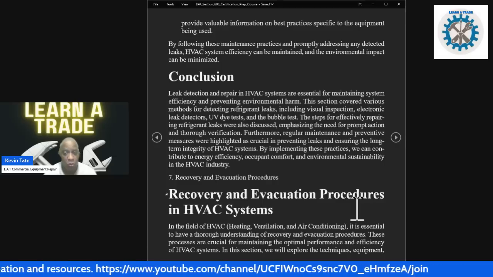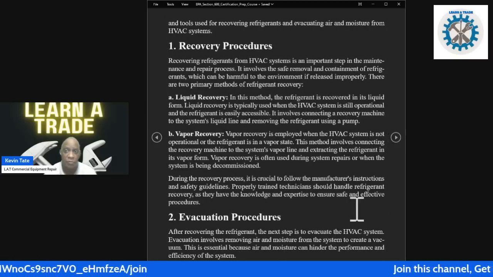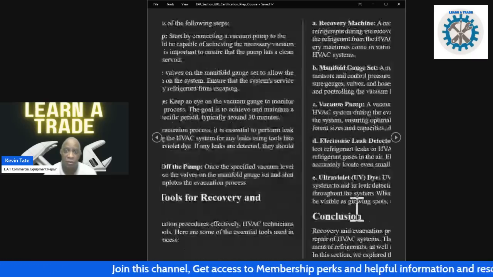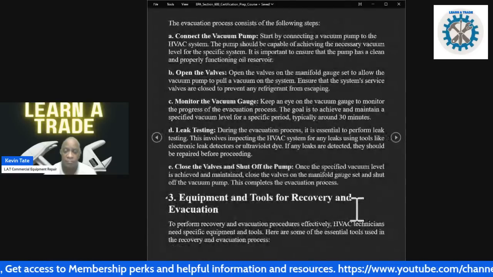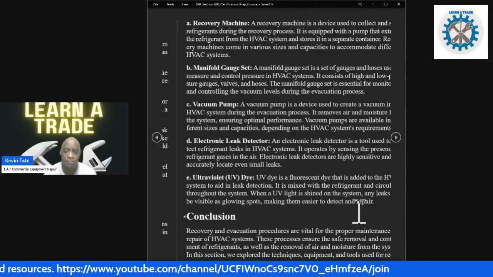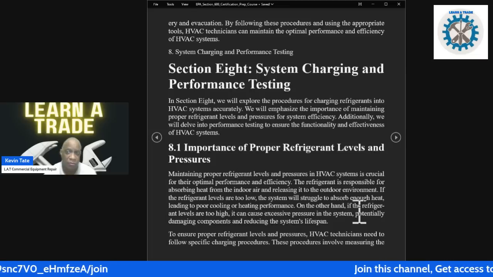Section 7, they're going to go over recovery and evacuation procedures in HVAC systems. Recovery procedures, evacuation procedures, is all necessary. And this is preparing you for all of that. The equipment and tools for recovery and evacuation. Section 8, they're going to go over system charging and performance testing.